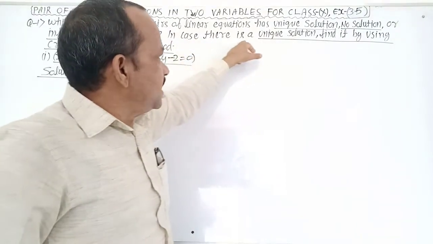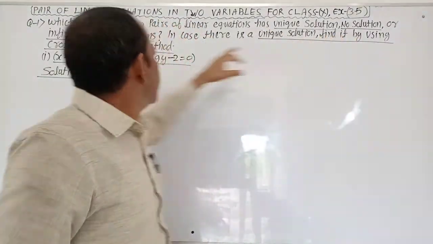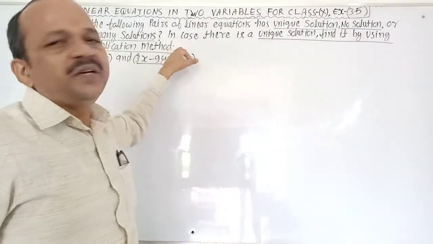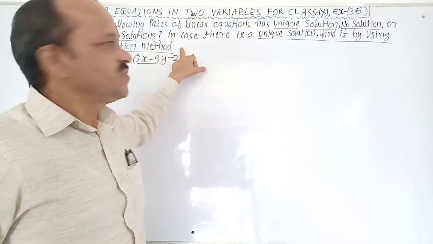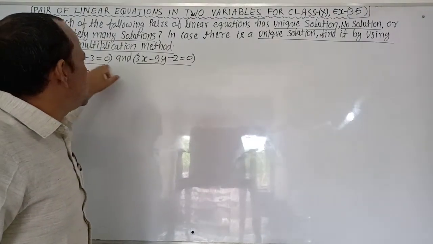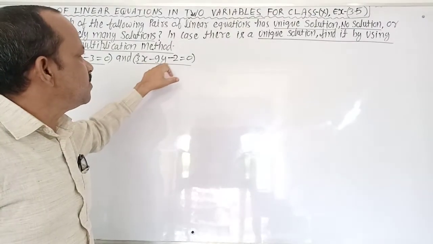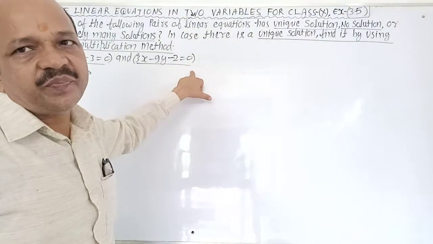In case there is unique solution, find it by using cross multiplication method. Question first part: x minus 3y minus 3 equal to 0 and 3x minus 9y minus 2 equal to 0.